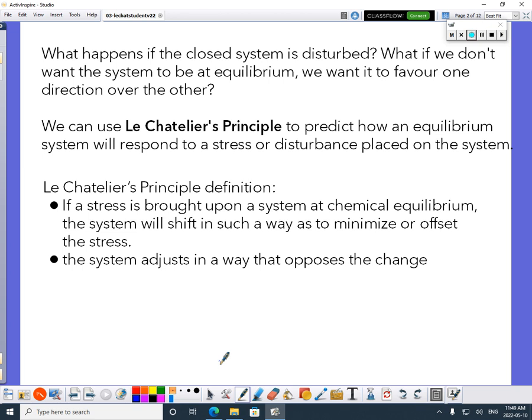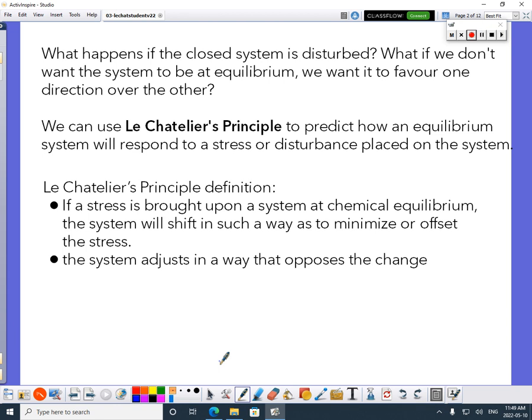We are going to predict how an equilibrium system will respond to a stress or disturbance. If a stress has been brought upon a system, it's going to shift either forward or reverse, or right or left. If you don't like the terms right and left, you can think of forward as right and reverse as left. It's going to shift to minimize or offset the stress.